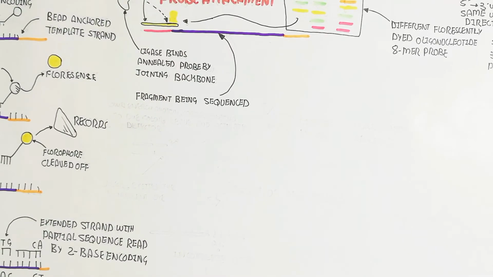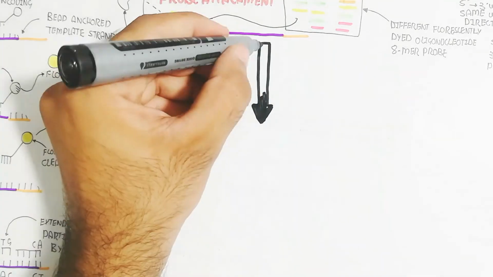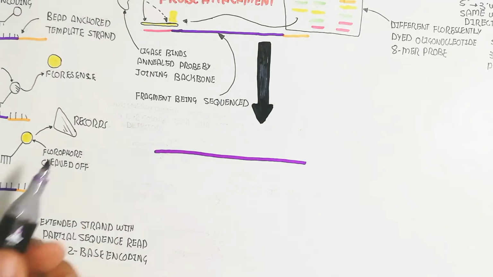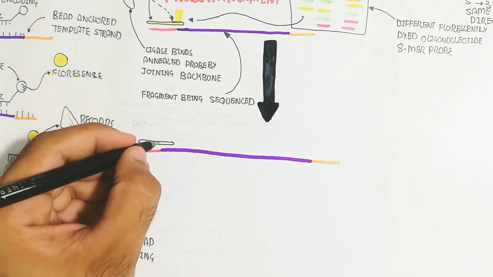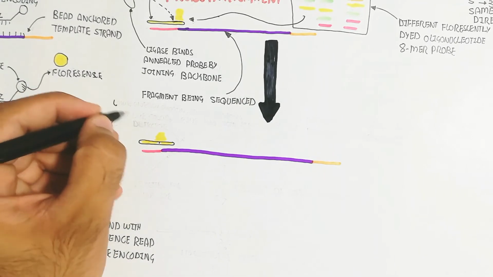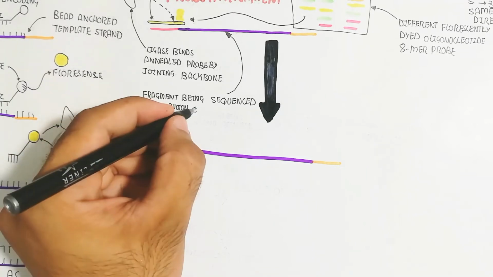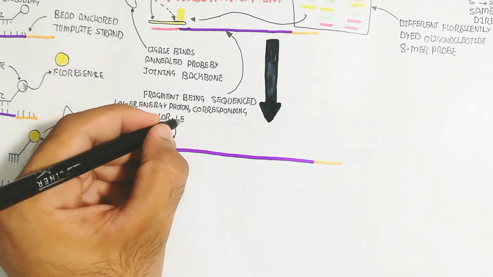After this probe binds, what will happen? Remember, for the fragment being sequenced, a lower energy photon corresponding to the dye color leaves and activates the detector. So the detector will be activated after the cleavage, and the detector measures and records the fluorescence.